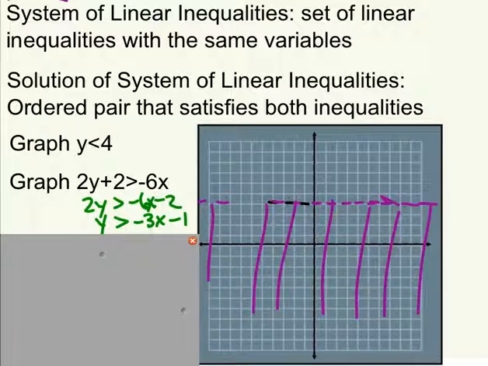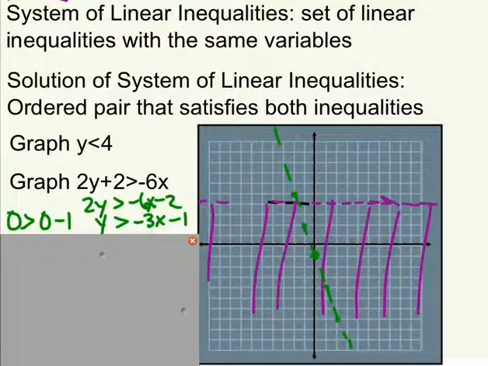Which means that I have a y-intercept at -1 and a slope of -3. So down 3, right 1, or up 3, left 1. Now we have a greater than sign, which means I need another dashed line for my green inequality. And we plug in (0, 0). So 0 is greater than -3 times 0, which is 0, minus 1.